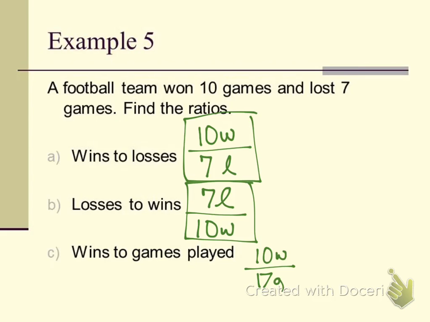So 17G for games. How'd you get 17? Yeah, if you won 10 of them and you lost 7 of them, assuming there are no ties, that means you played 17 games total. So you got to be careful what they're asking and write it in the order that they asked for. What are your questions on number 5?